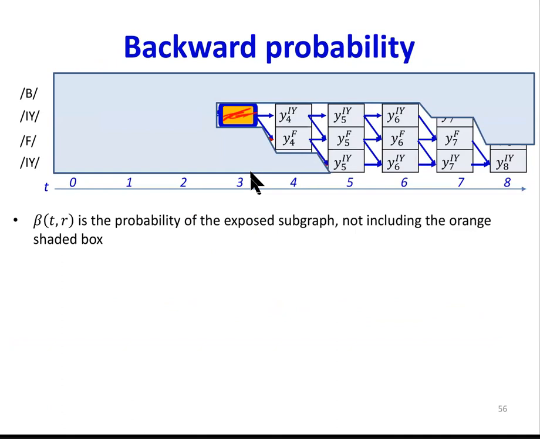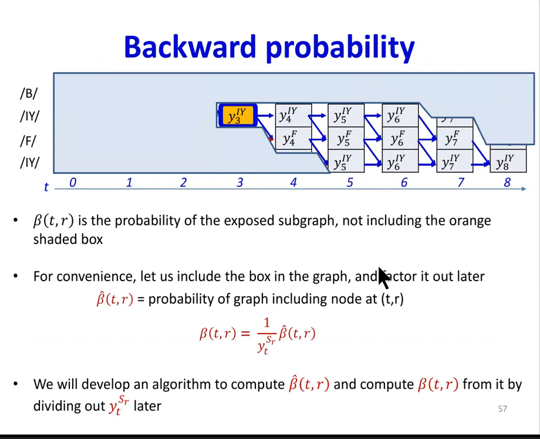Everybody with me? Right. So just to make life simple, I'm going to include the node in it. And I'm going to call this beta hat TR. So beta hat TR is the probability of the subgraph, including this node.